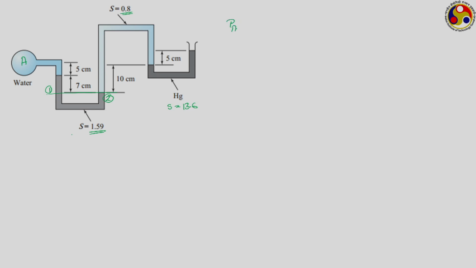That is equal to PA plus gamma water into 0.05 plus gamma, let us call this gamma of manometric fluid 1. So, this is gamma m1 into 0.07. This should be equal to pressure at point 2.